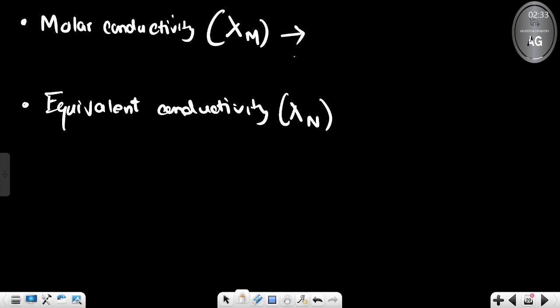Molar conductivity is the conducting power of all the ions furnished by a solution of 1 mole.